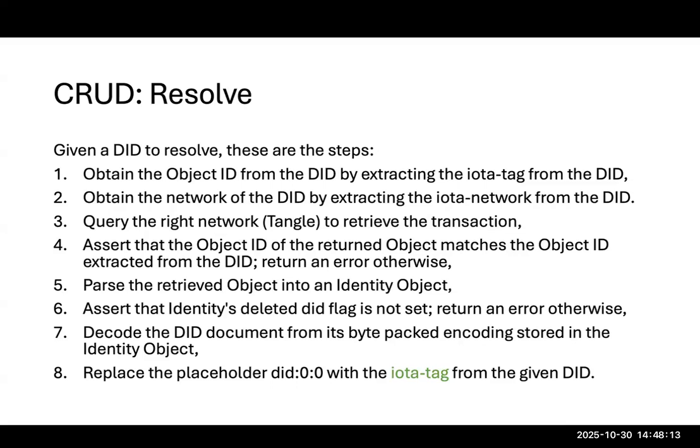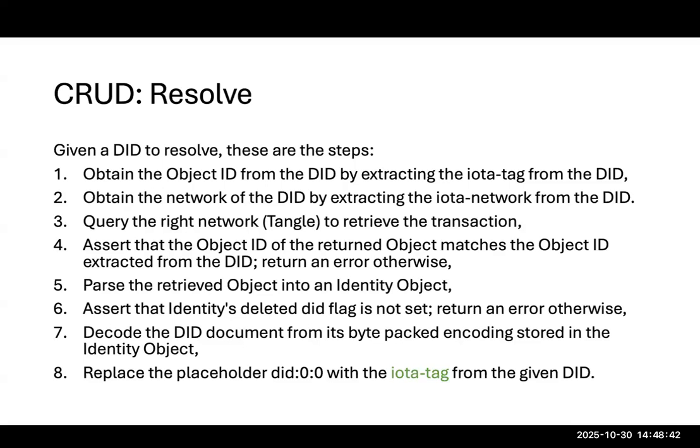So you need the object ID to retrieve that particular transaction, and so the data associated to the transaction of the controller of the ID documents, and you can obtain it by extracting from the ID that you receive from your peer.